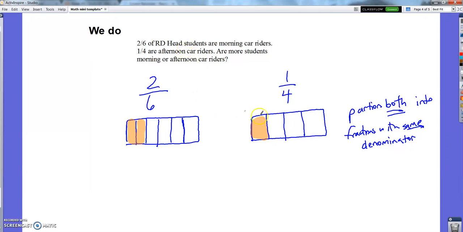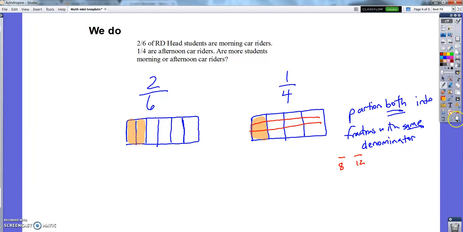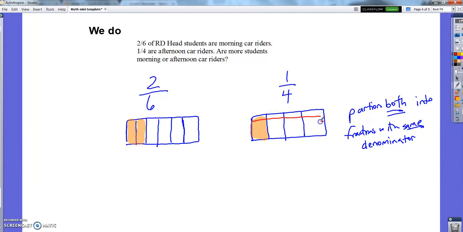So what I can kind of think here is, don't write this yet, just think with me. I can cut this once and get eighths. I can cut this twice and get 12ths. I could cut it 3 times and get 16ths.